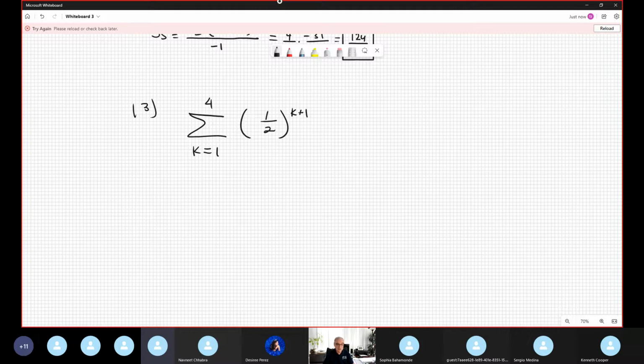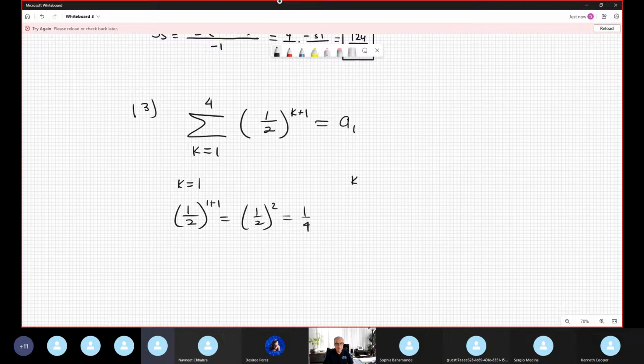But let me investigate for k equal 1. What's happening inside this? It is 1/2 raised to the 1 plus 1. Is 1/2 squared, which is 1/4. And this represents the first term in the sequence, A1 is 1/4.